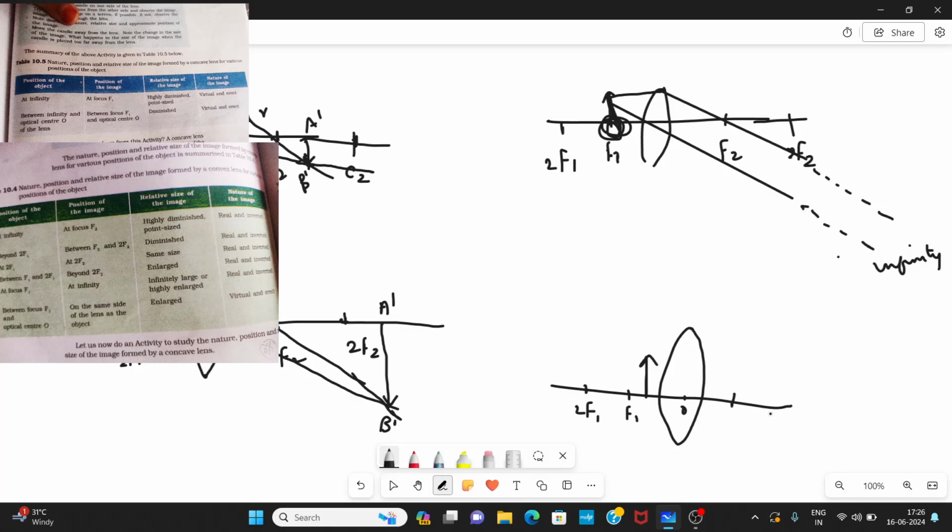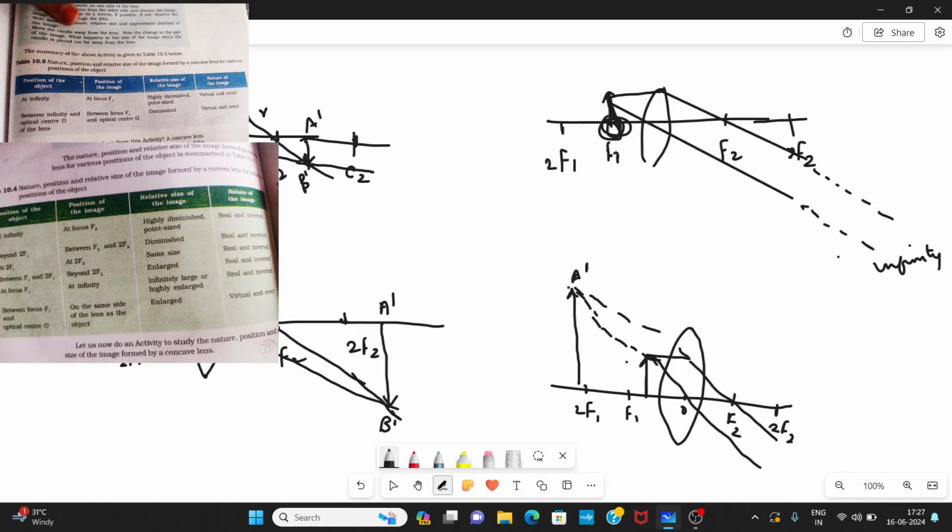If you actually see the path, my parallel incident ray will always travel through the focal point, and the one at optic center will get through the same path, but they virtually tend to meet somewhere here.